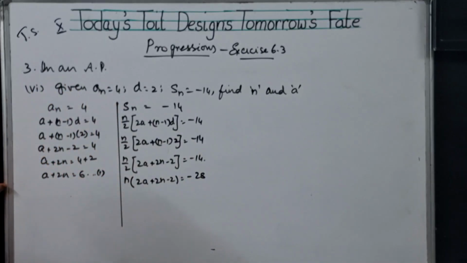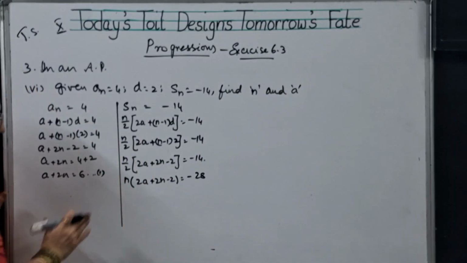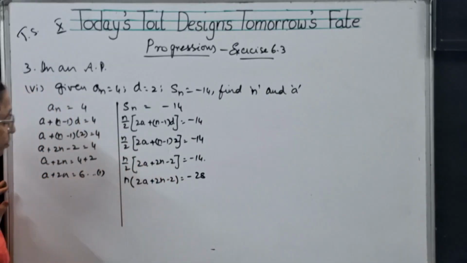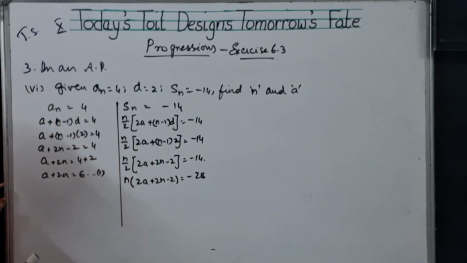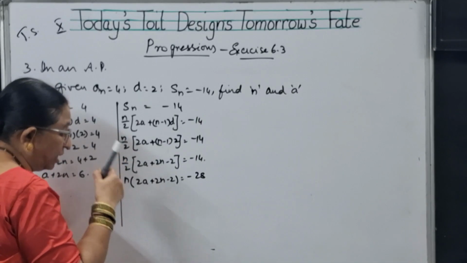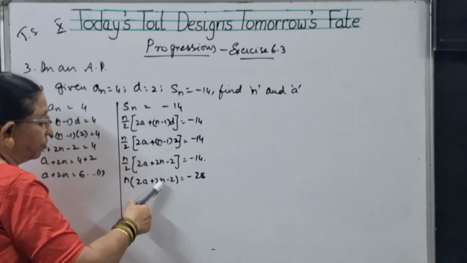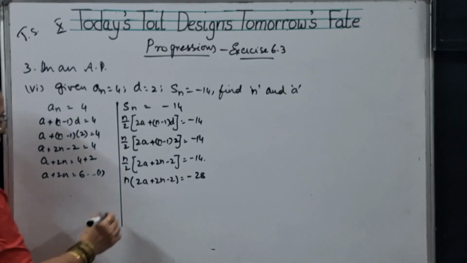Up to here, I can solve continuously in this way. But here, if I need to proceed with this equation, a is obstructing me. I cannot proceed. If I have something for a in terms of n, I can do it. This is possible only when I take this first equation.